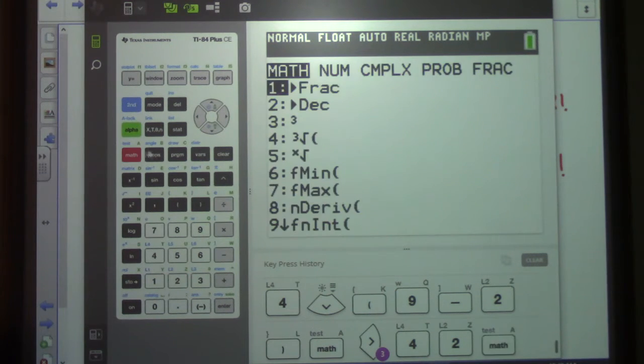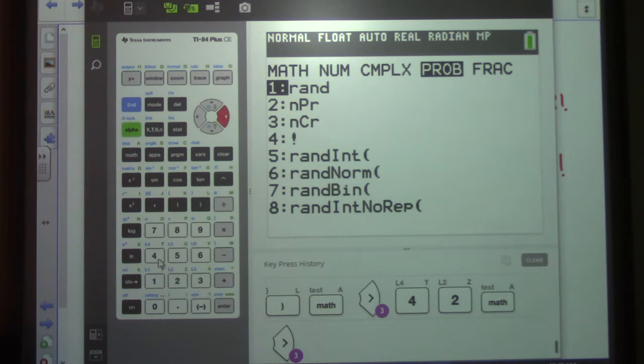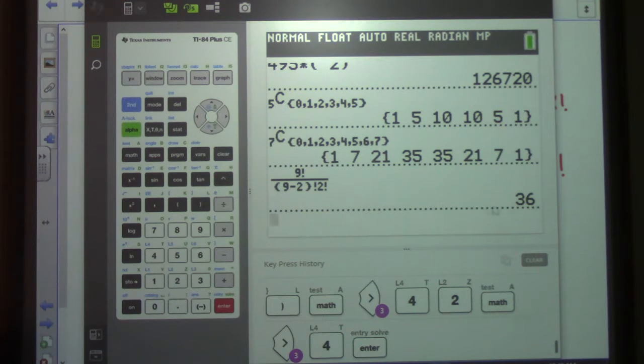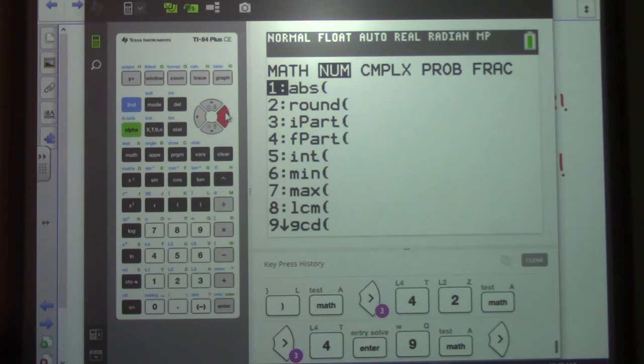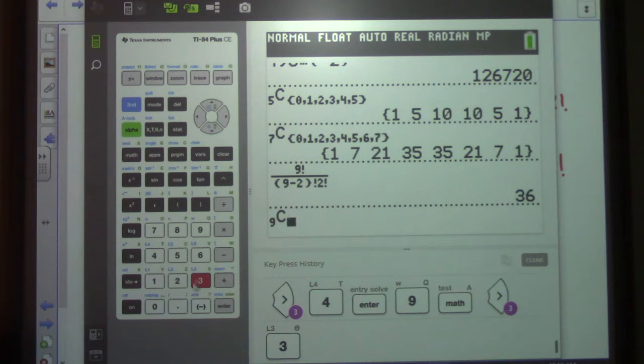So we go to math, probability 4, and press enter. So we get 36, which coincidentally is going to be the same as taking 9, math, probability 3, 2.